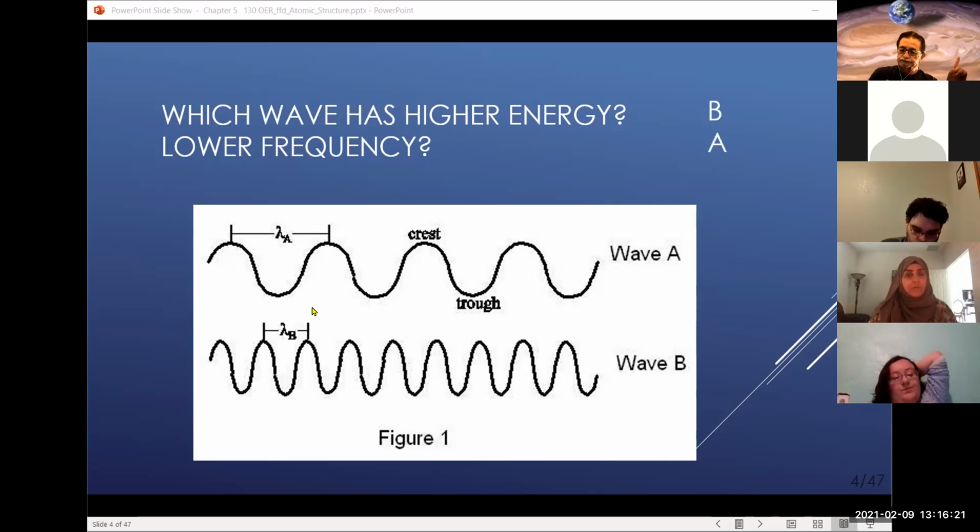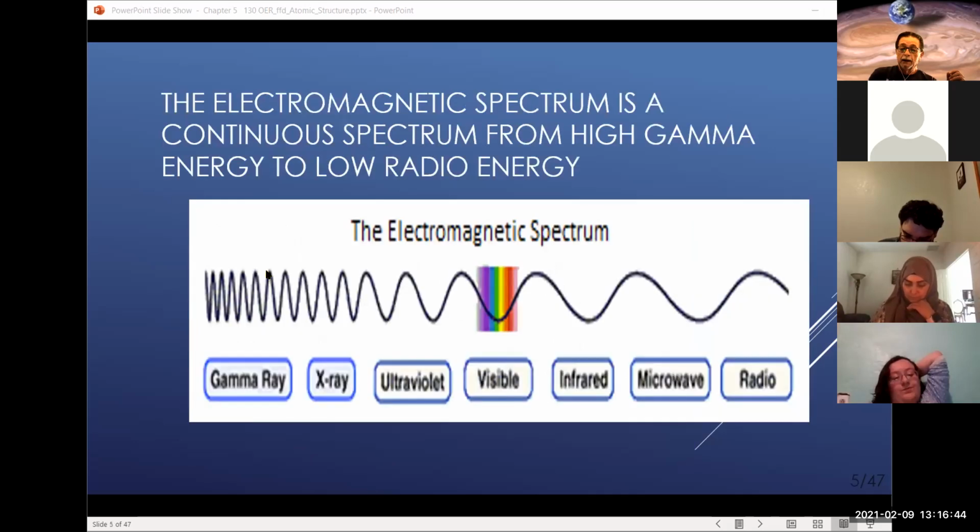And with respect to lower frequency, that would be wavelength A. The top one could be something like the radio waves, whose wavelengths are in meters, by the way. Meters, that's a gigantic wavelength, whereas X-rays and gamma rays are tiny, very small, okay?